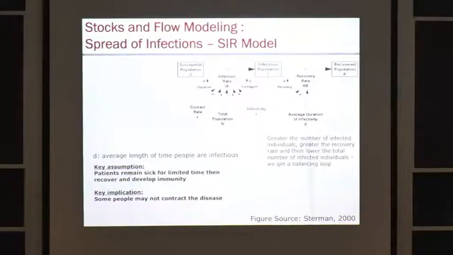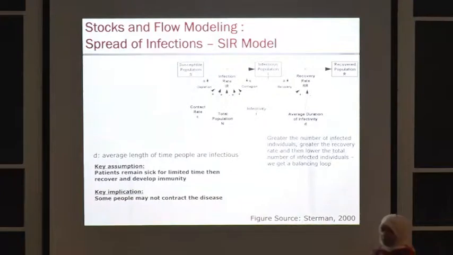Do you keep it for 6 months or do you keep it for a year? That kind of stuff. So that's what this variable is. Average duration of infectivity or average duration of adoption. This basically impacts the recovery rate, the rate at which the population is entering the stock of the recovered population. So this is the additional variable we introduced in the model.